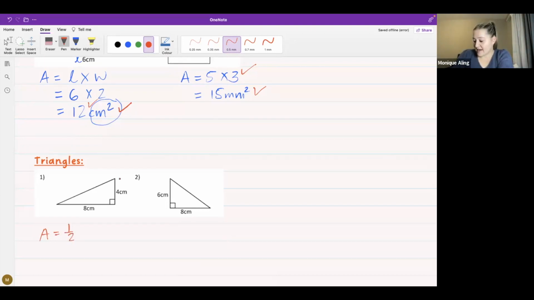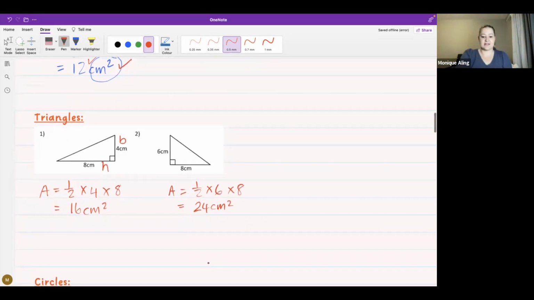Half base, and we've got a height over here, so half base times height gives you 16 centimeters squared. And number 2, we get an answer of 24 centimeters squared.